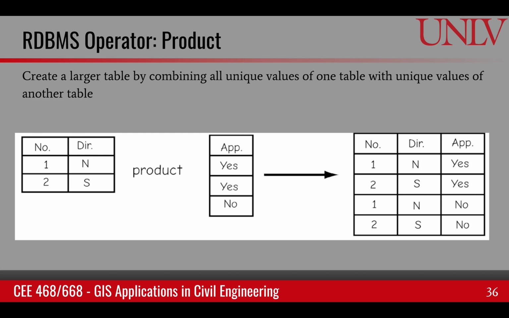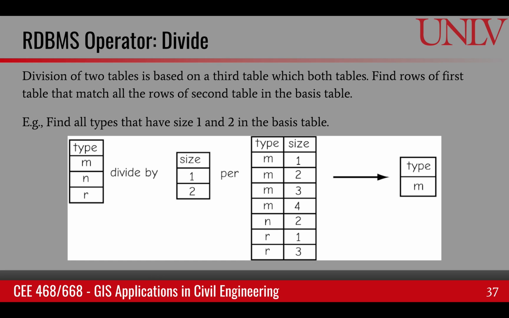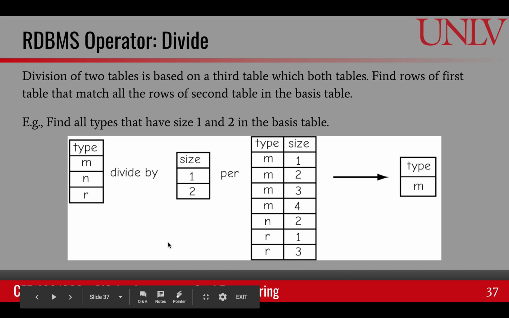The other operator, kind of the opposite of product, is the divide operator. And it basically requires a third table which serves as the basis of the division. So in this case, we find the rows of the first table that match all the rows of the second table in the basis table.